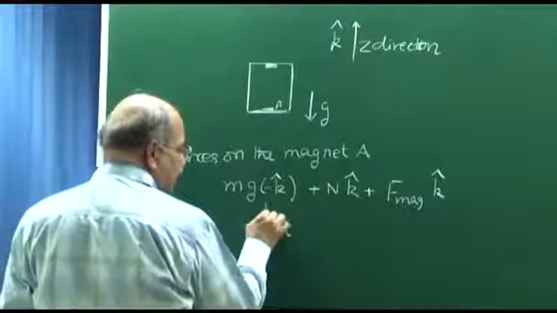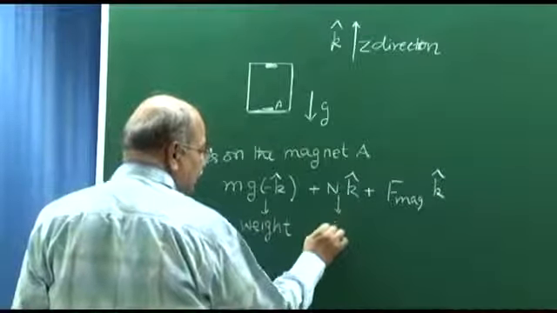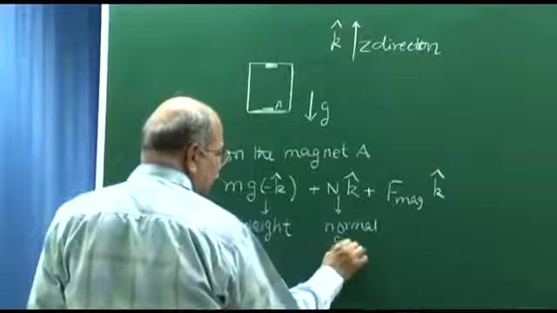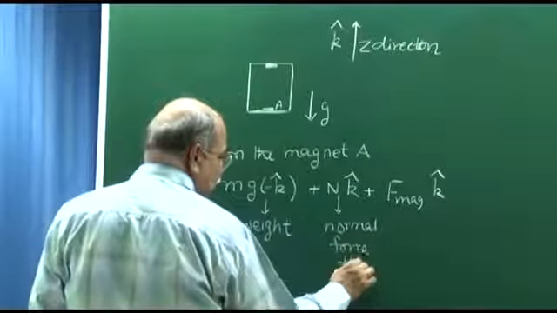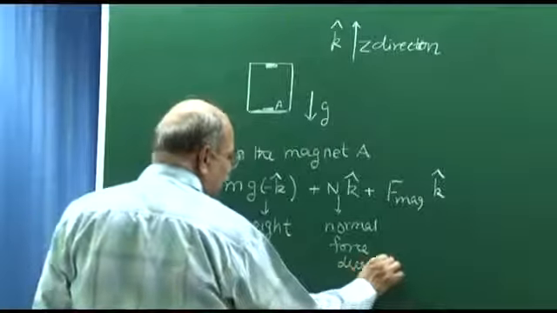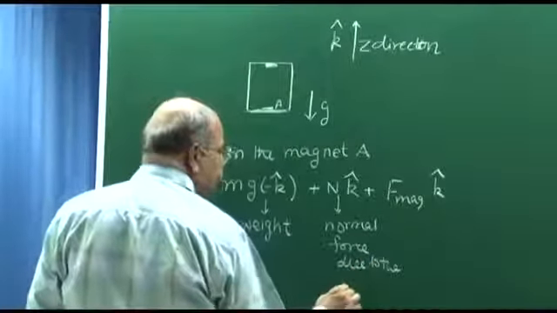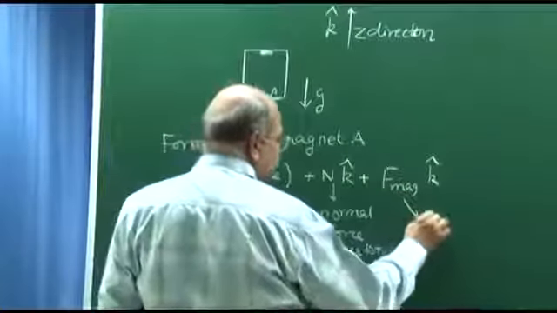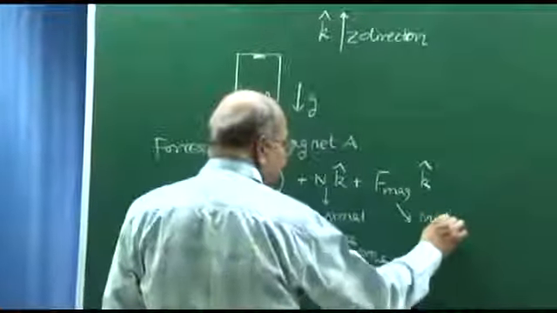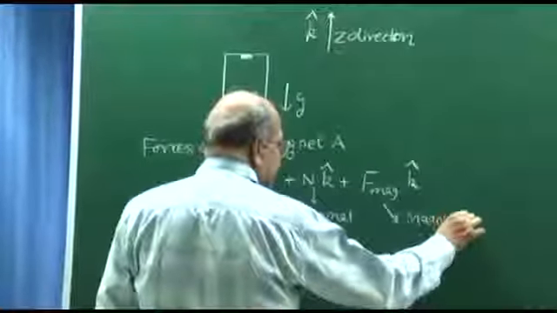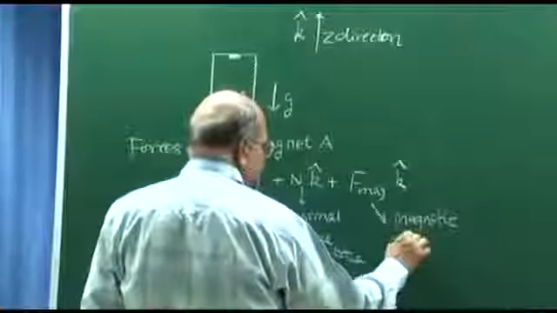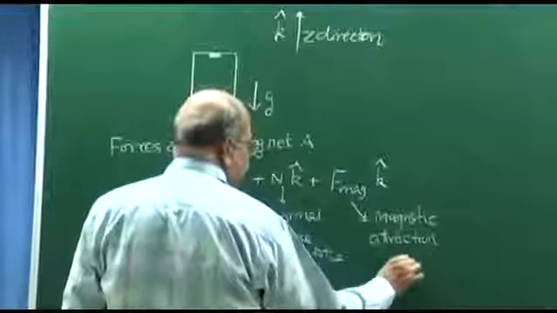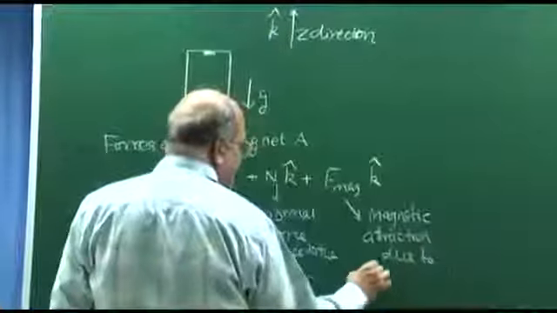This one is weight, this one is normal force due to the bottom, and this is the magnetic attraction force due to the upper magnet.